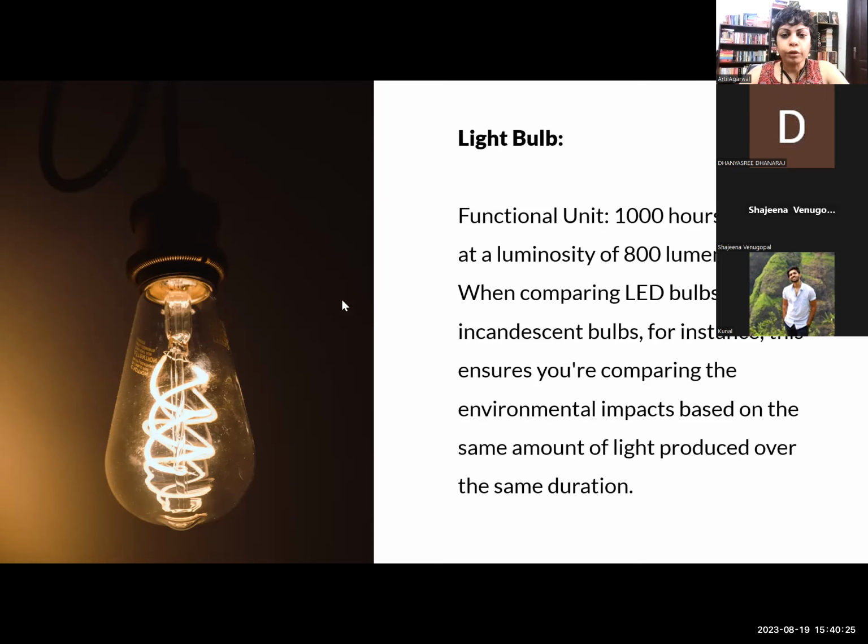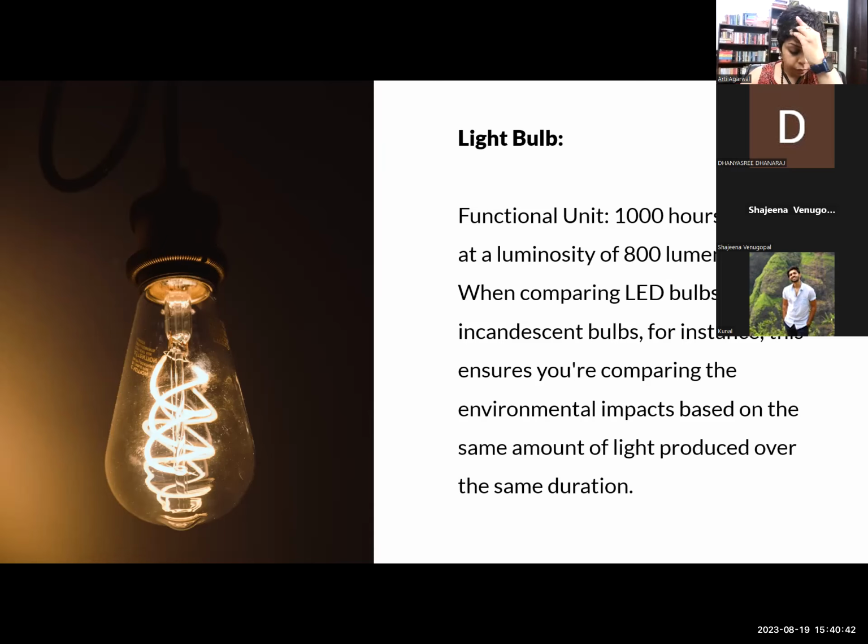And then we are going to calculate all these environmental factors, all these footprints, everything, for this particular standard which we have established. And that standard is what we're calling the functional unit.